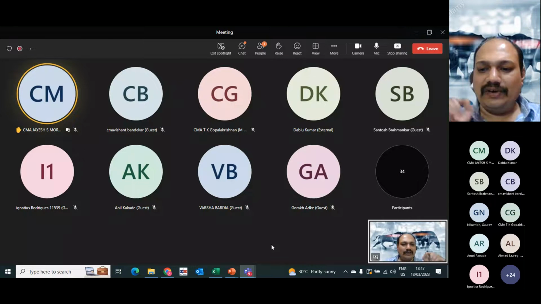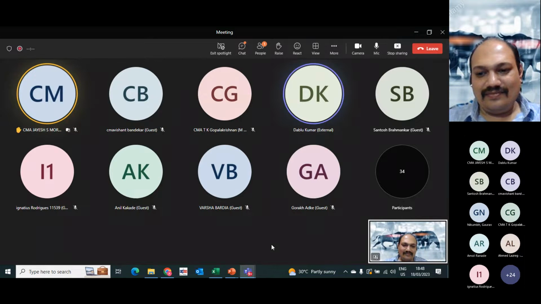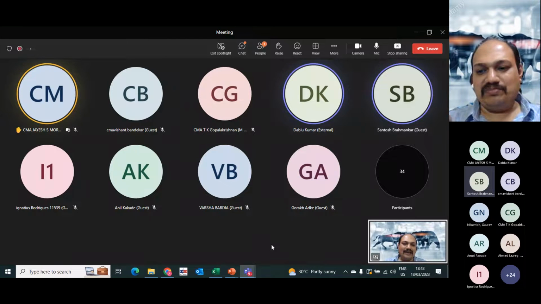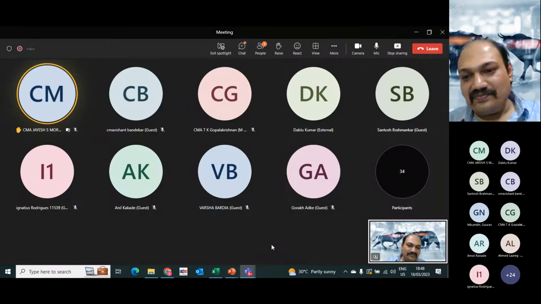And suppose you have only 1000 rupees with you, what will happen after five years? Can anyone tell me? We all are cost accountants, so we know compounding. Can you please tell me what will be the future value after 5 years? It will be 1611. 10,000 per month. Sorry.